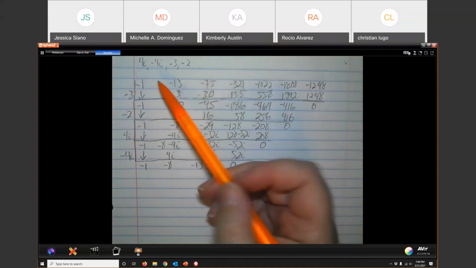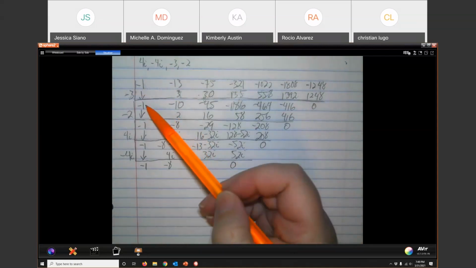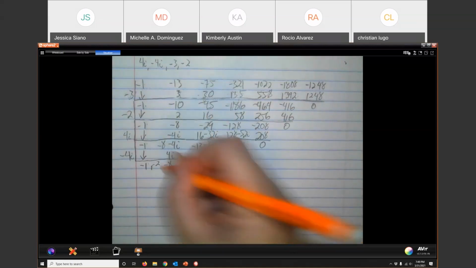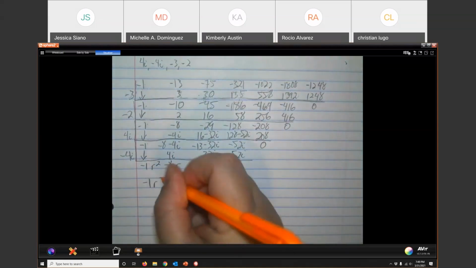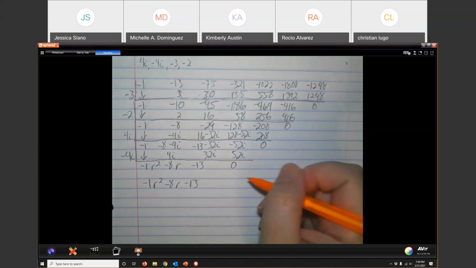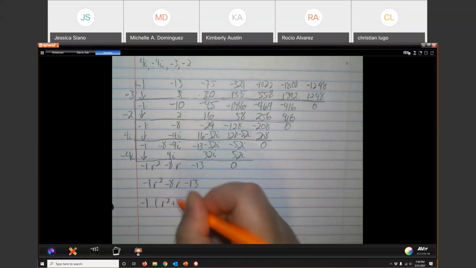Okay, this was to the 6th. Divide 1 out to the 5th, 4th, 3rd, 2nd again. So what I have now is negative 1r squared minus 8r minus 13. Now I'm going to GCF out the negative 1.